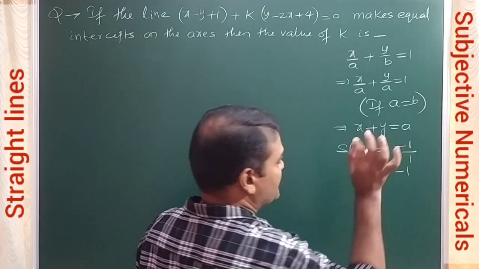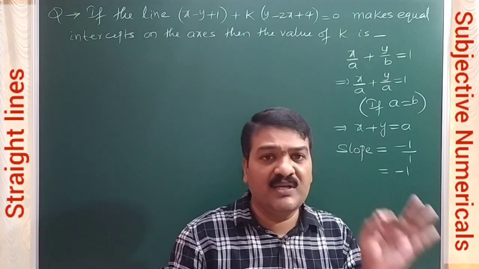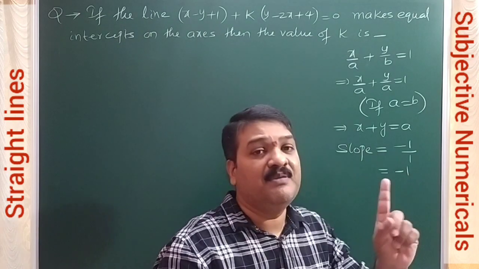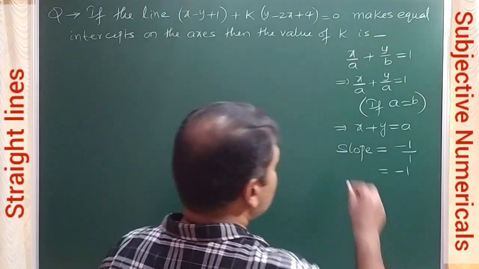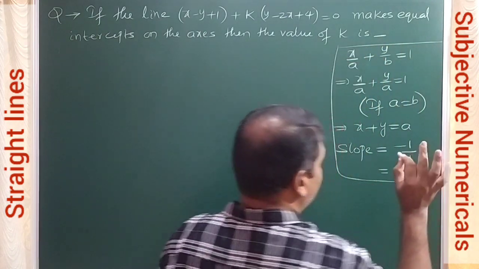That means minus 1. So whenever a line is taking equal intercepts on the axis, the slope of the line must be minus 1. So this is the condition we are going to apply in the given question.